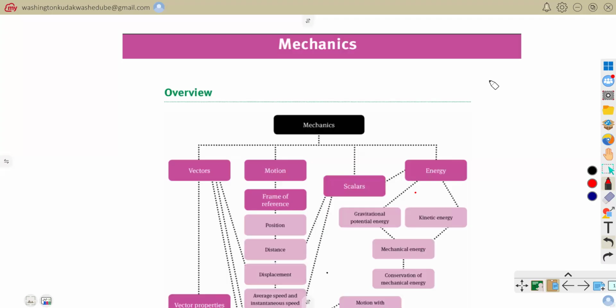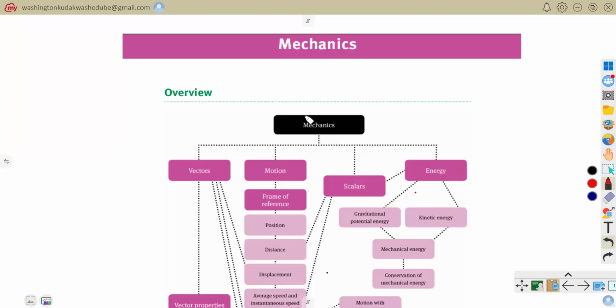So you're going to see that there is a topic in physical science that we refer to as mechanics. And you will see that mechanics comprises vectors and scalar quantities, motion in one dimension, as well as energy, which is your mechanical energy, the sum of gravitational potential energy and kinetic energy.